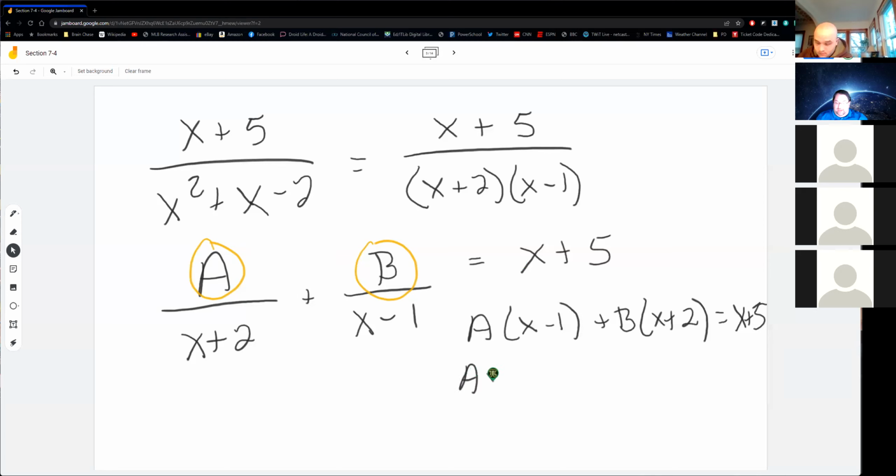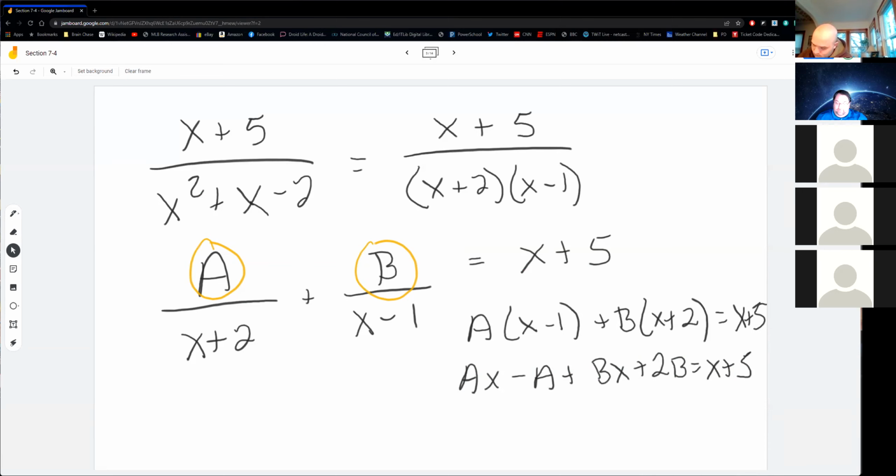So I have ax minus a plus bx plus 2b equals x plus 5. That part makes sense?